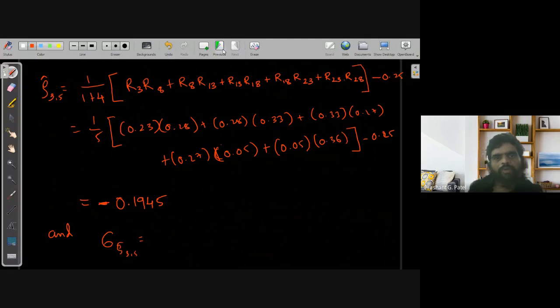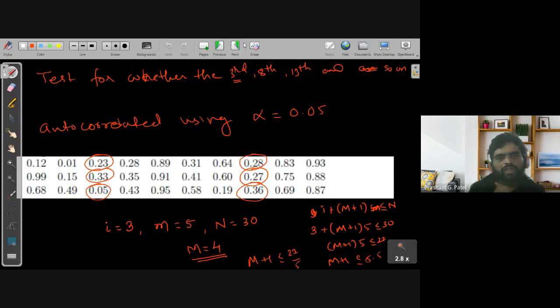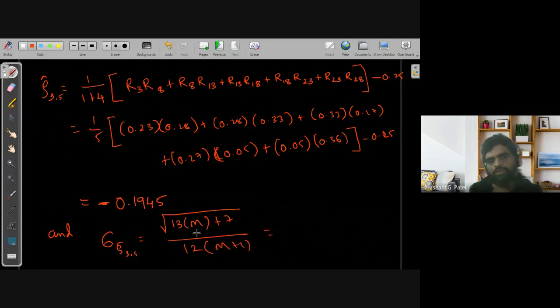As per the formula, it is the square root of (13 into capital M plus 7) upon 12 into (capital M plus 1). The value of capital M is 4, so it is 13 into 4 plus 7 upon 4 plus 1, which is 5. In the denominator we have 60, and by calculator this value is 0.1280.